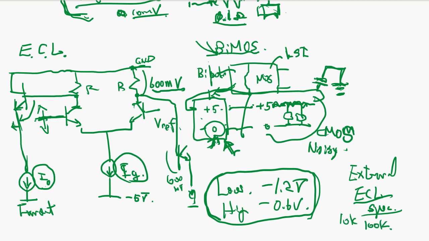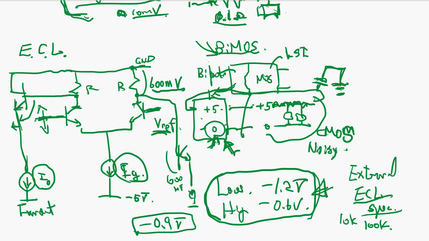But when you use ECL circuit internally on the chip, then this can be up to you, your design parameter. So what you do is set this threshold reference voltage between these levels, like negative 0.9 volt.